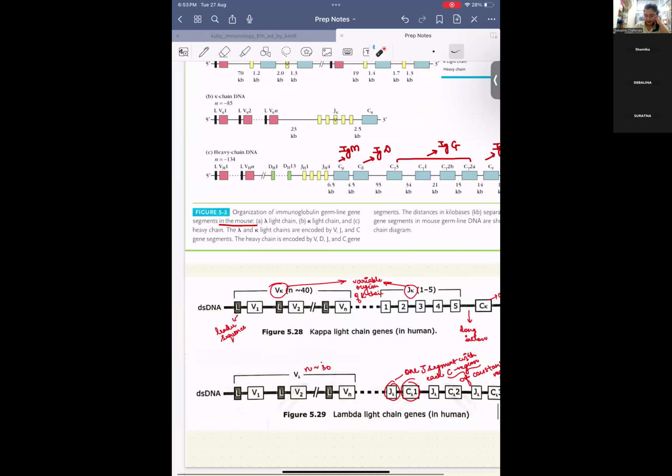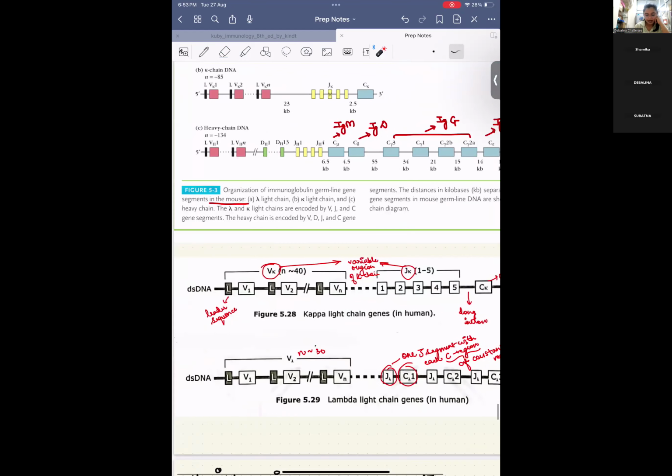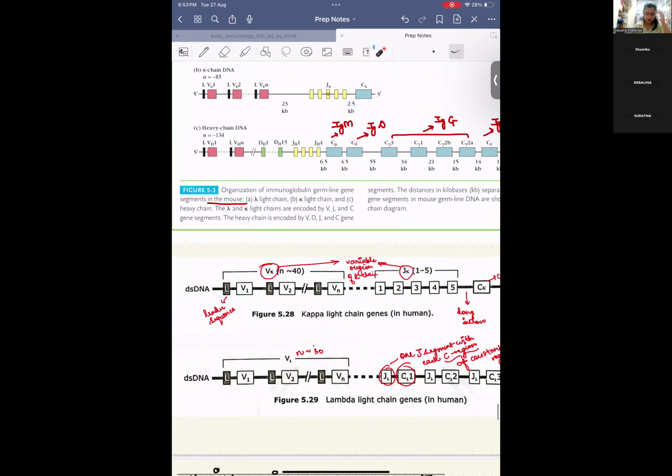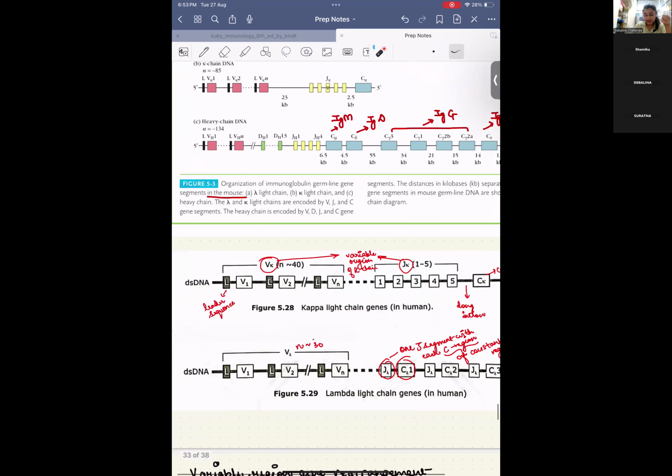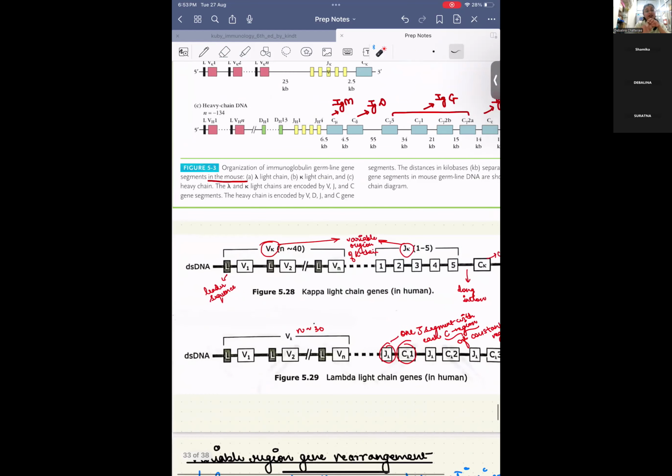So if you see double-stranded DNA for the kappa light chain we are talking about right now, we have a variable region here, and again here. So there are multiple V regions arranged in succession on a linear strand of DNA, right? With each variable region, we have its respective leader sequence.